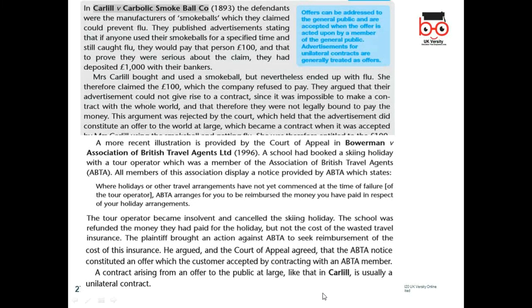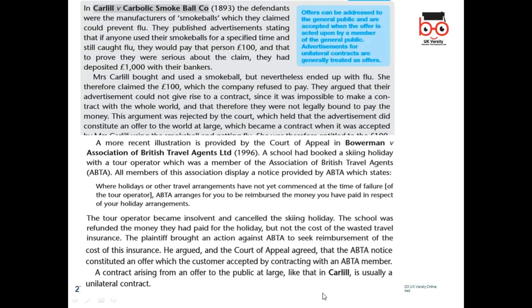If you look here, this was an address to the general public. When the offer is accepted by a member of the general public, advertising for a unilateral contract is generally treated as an offer. This was the case: prevent the flu and be paid £100.